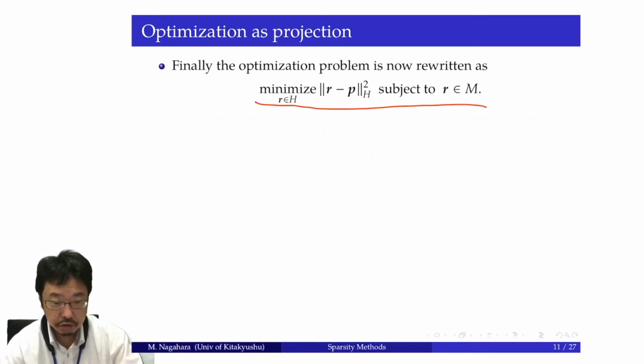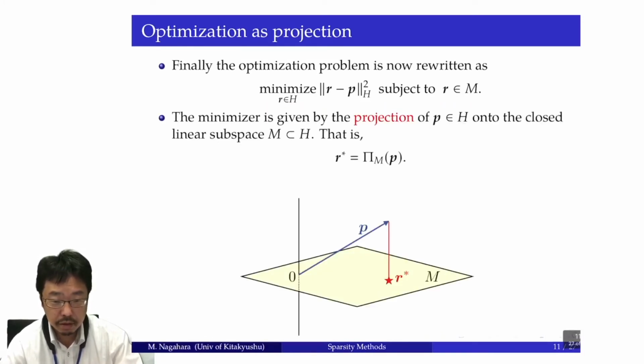By the definition of projection, the minimizer is given by the projection of p in H onto the closed linear subspace M in H. That is, the minimizer r asterisk is the projection of p onto M.